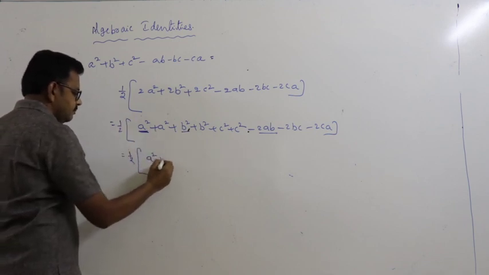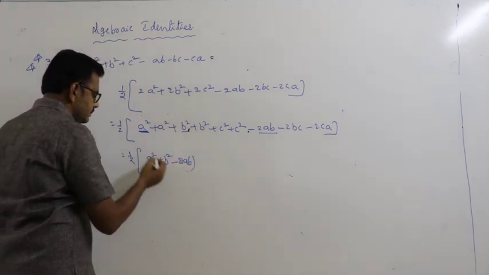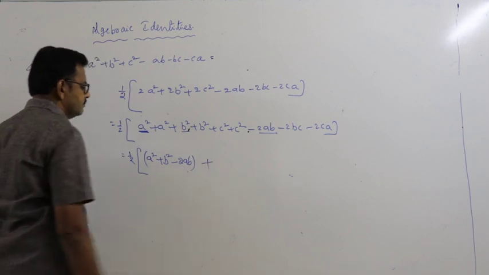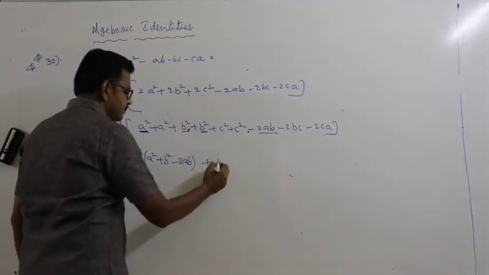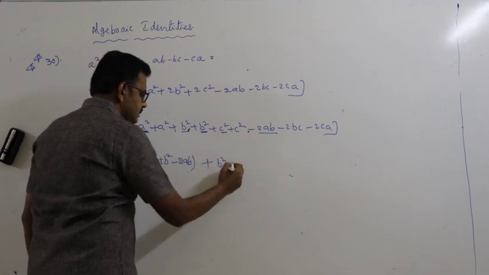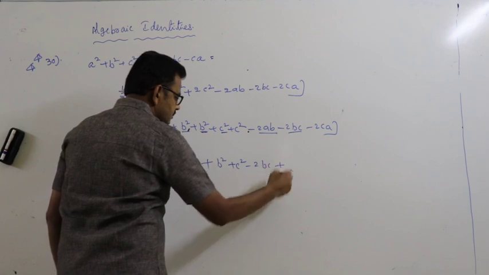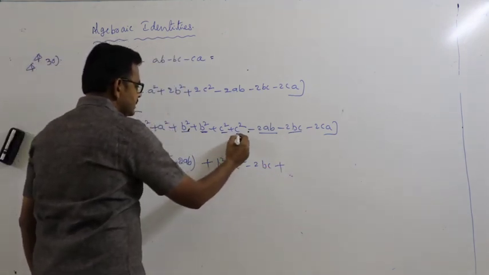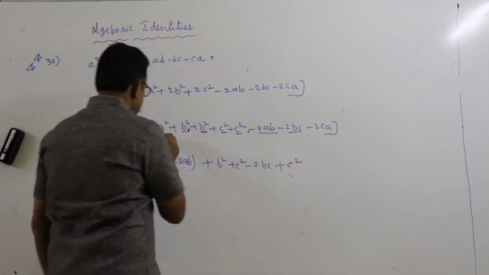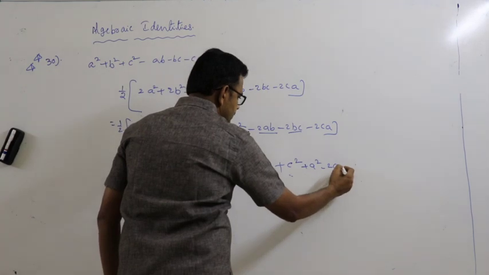a square plus b square minus 2ab, plus, I am taking another b square plus c square minus 2bc, plus, I am taking c square plus a square minus 2ca.